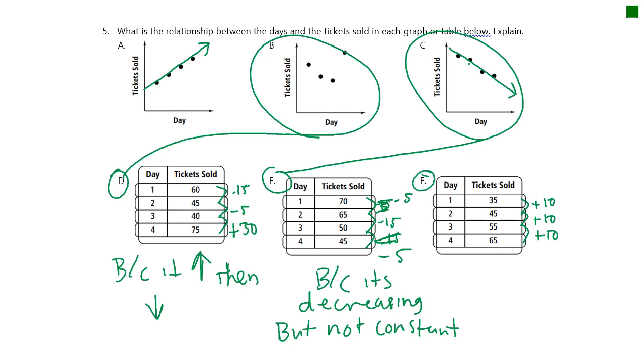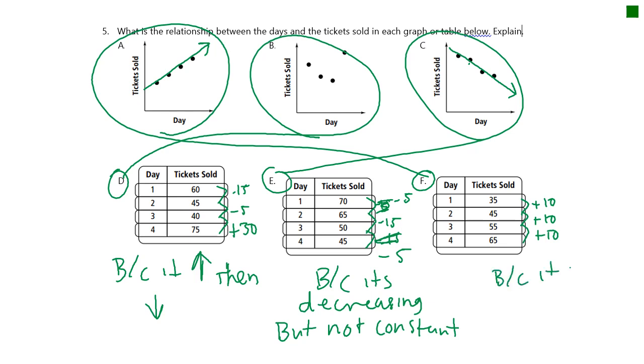And the last one, it's increasing and everything is constant. That makes sense. Everything's going up by 10, so it increases constant.